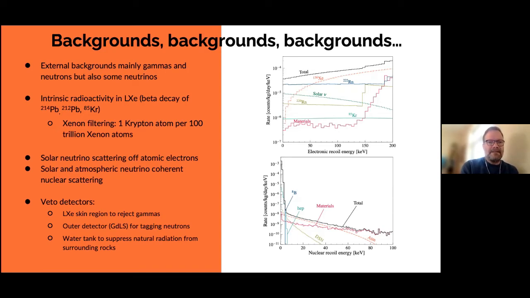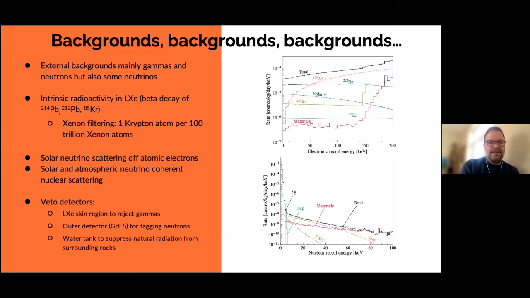Our backgrounds are mainly gammas and neutrons, but also some neutrinos. Then there is intrinsic radioactivity in the liquid xenon. So there are beta decays of some lead isotopes and krypton-85.